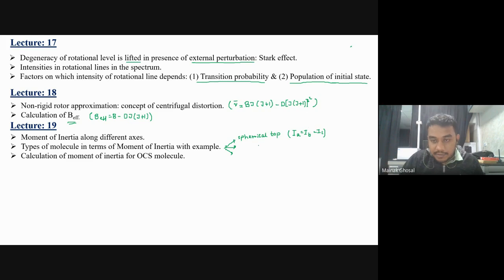Then there is the symmetric top, and this molecule can be divided into two categories: one is prolate, the other is oblate.